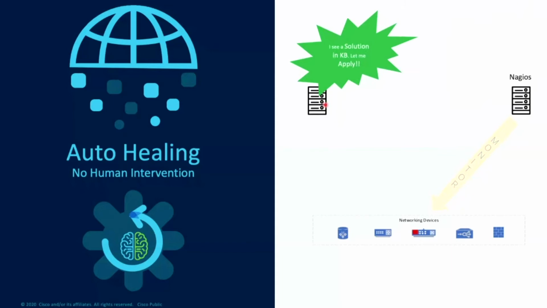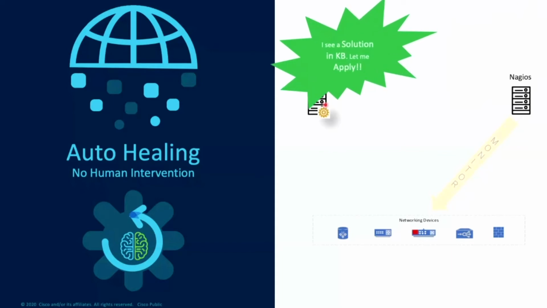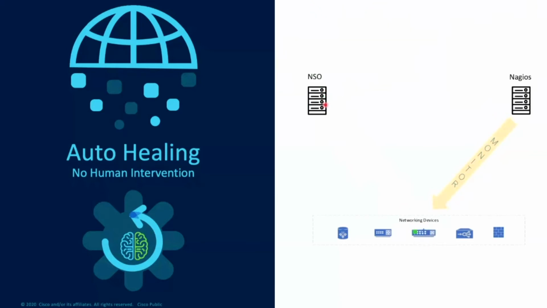In this case, it figures out what template it has to apply using the details sent by Nagios. Then it applies that template, and you can see that the interface is back up online, so it looks green.